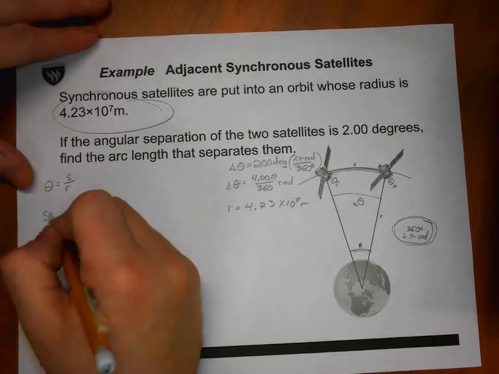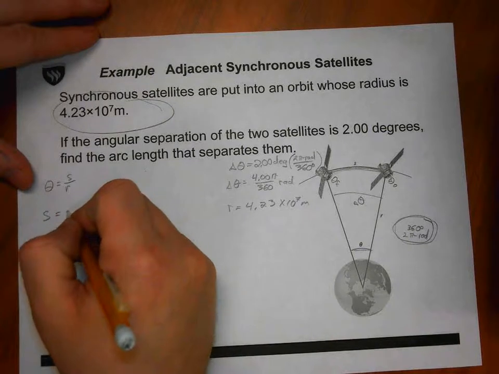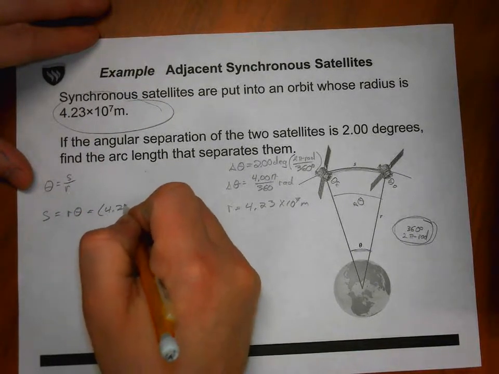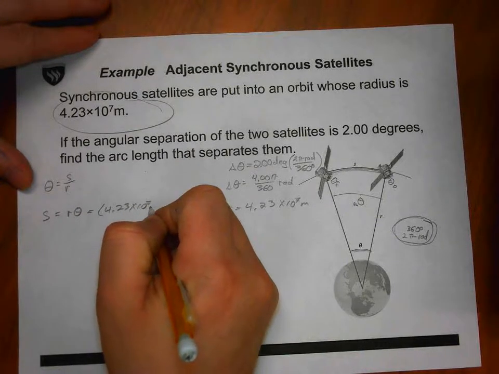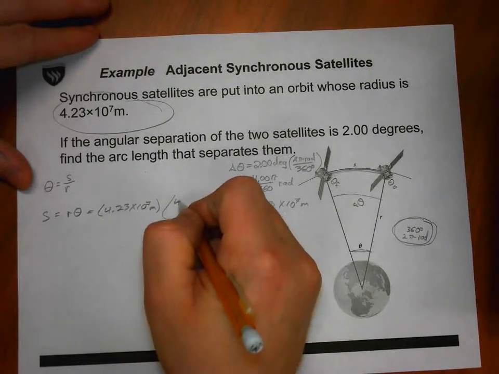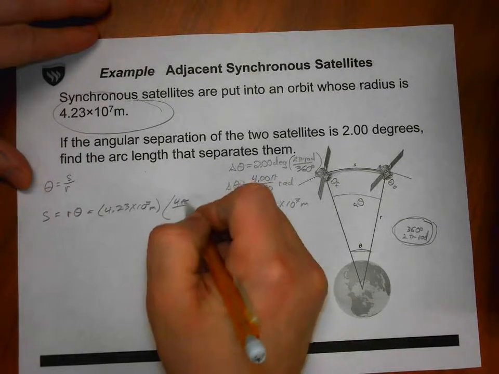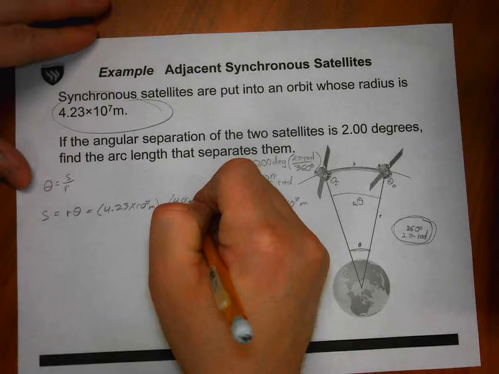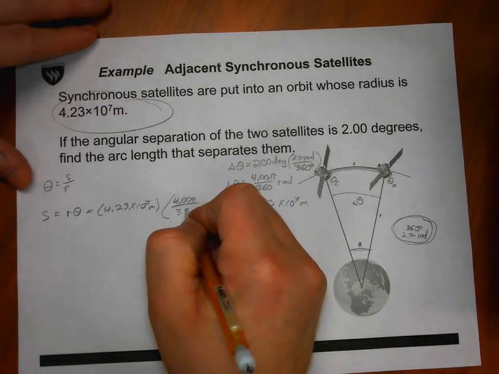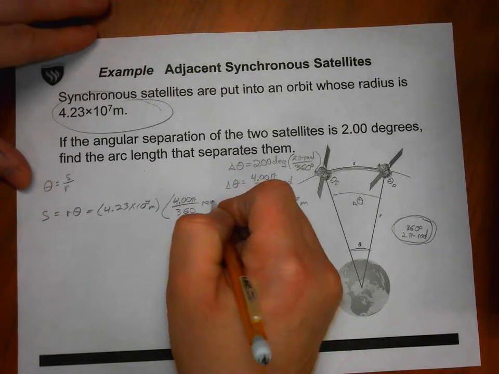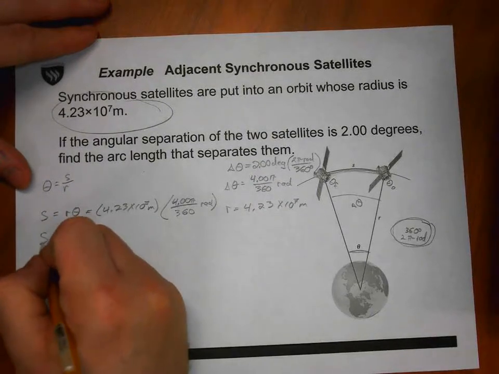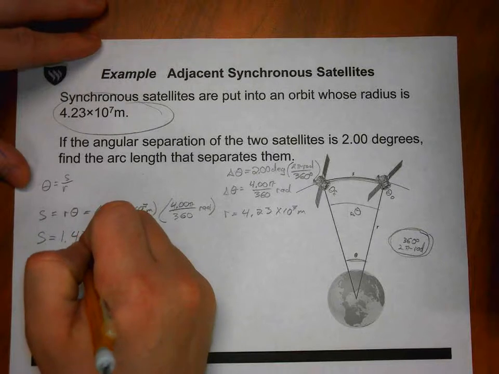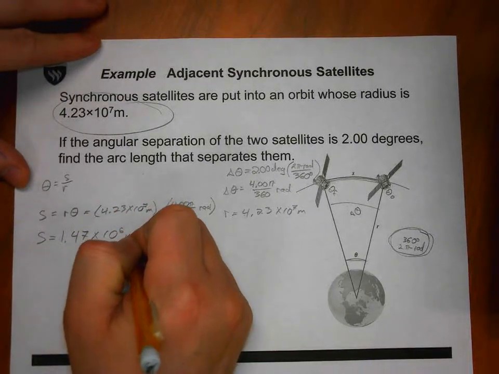Then we'd solve this equation for S, the arc length, equals R theta, equals 4.23 times 10 to the 7th meters times 4.00 pi over 360 radians. So the arc length then equals 1.47 times 10 to the 6th meters.